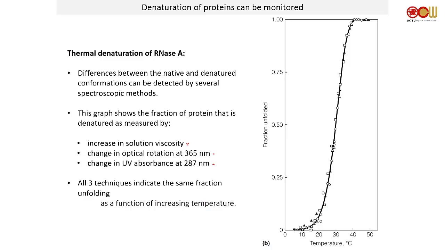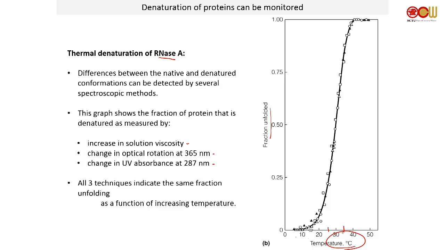Makes sense, okay? All right, so using all three of these techniques, you can observe the fraction of the protein's denaturation. Okay, so in this case, they took RNA, and you look at it as a function of temperature. This is the fraction unfolded. You can see that you have a huge change between about 25 to maybe 35.